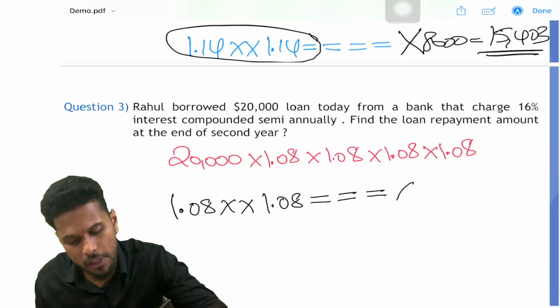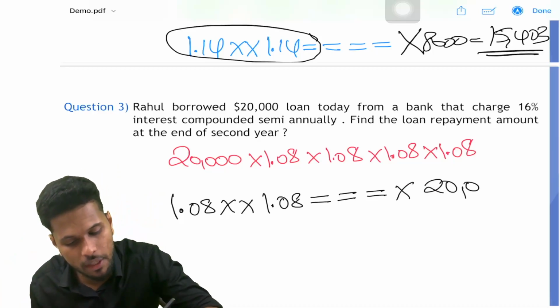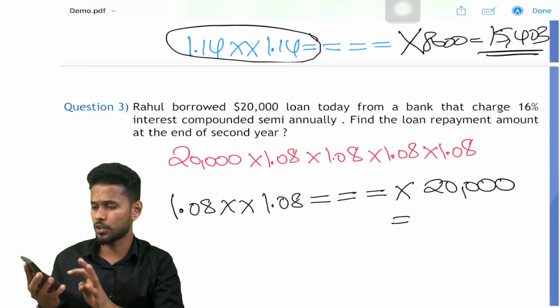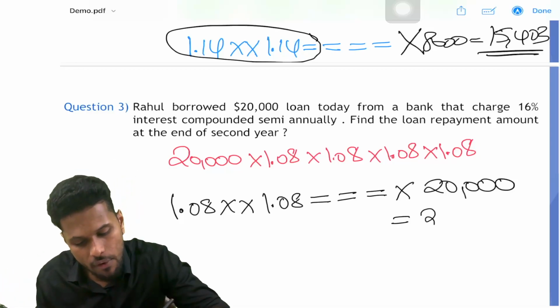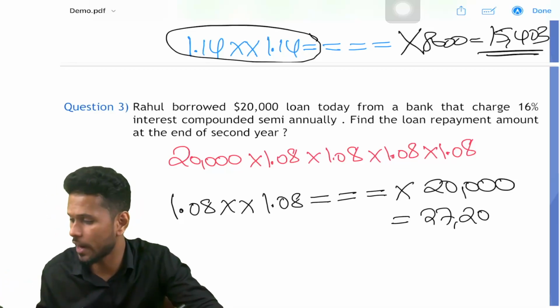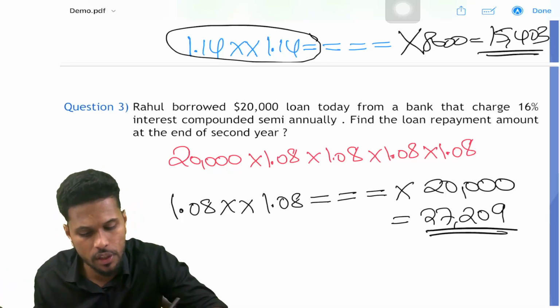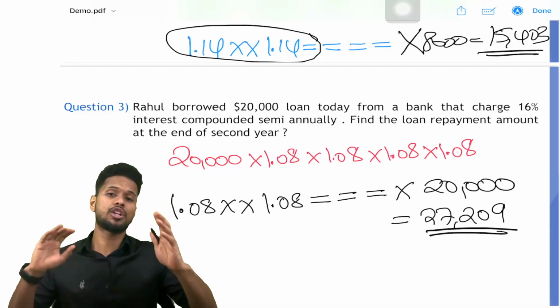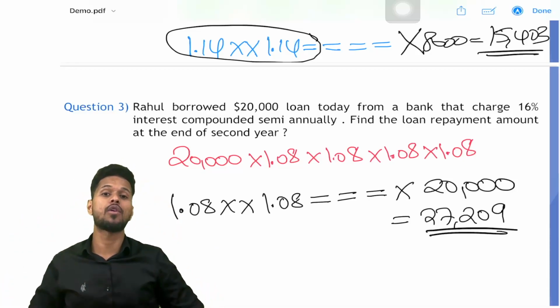And that amount should be multiplied with 20,000. You are getting 27,209. So this is the final amount that you should repay at the end of year 2.